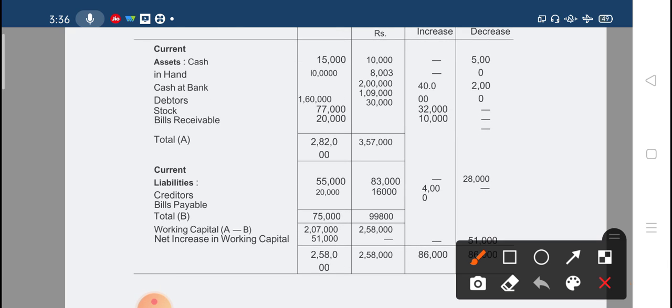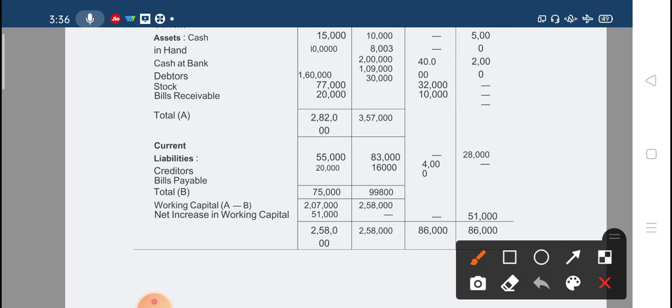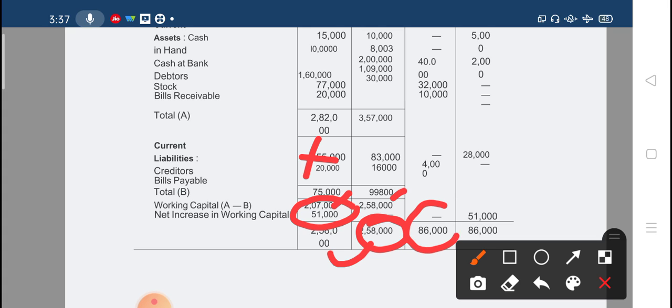Now let's see the balancing figure. Let's find out if there is an increase in working capital or decrease in working capital. Between 2,07,000 and 2,58,000, the maximum is 2,58,000, so the same will be written here and the balance will be found, that is 51,000. And here also the increase column is more, so the same amount will be written here, and if we find the balance, we get 51,000.